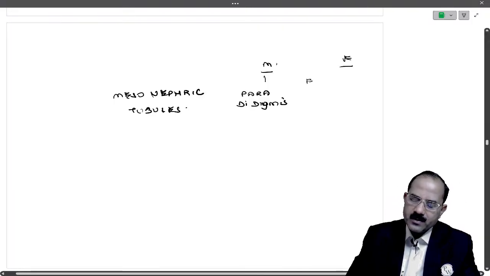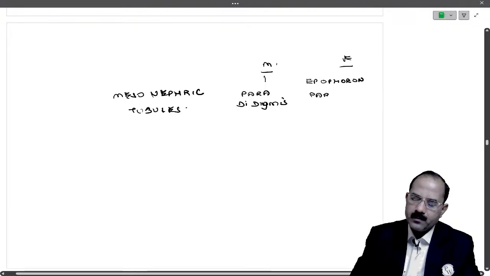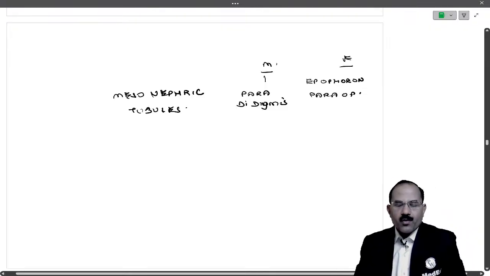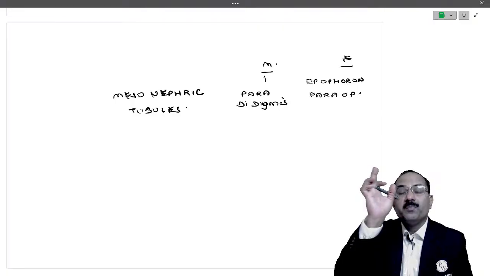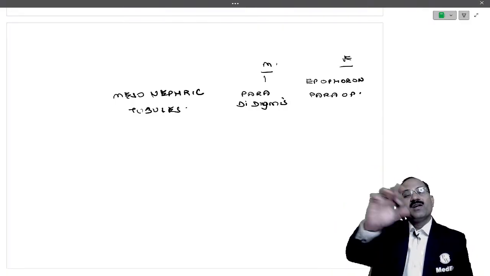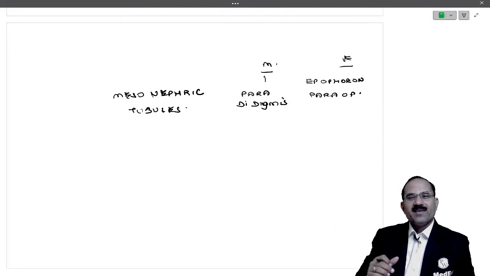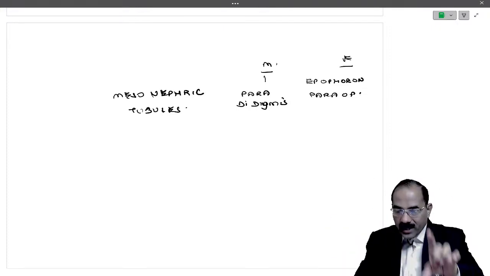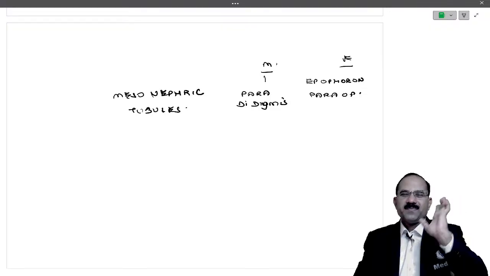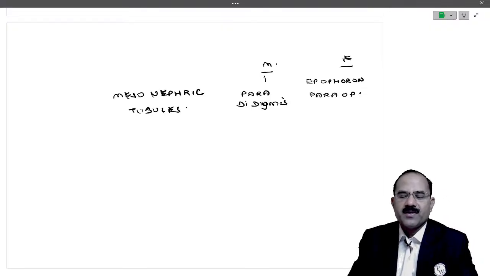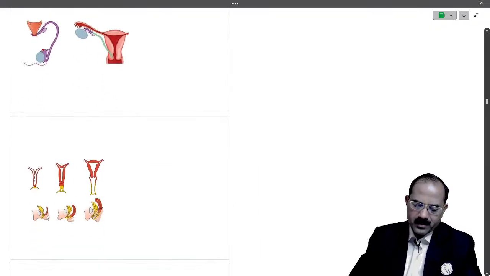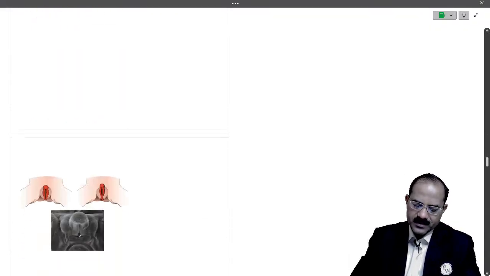In females, it forms the epoophoron and paroophoron, which are contents of the broad ligament of the uterus. These are contents of the broad ligament, along with Gartner's duct. The epoophoron and paroophoron are derived from the mesonephric tubules. These are vestigial structures; they're not functional. Okay, bacha? Fine. So that is it.